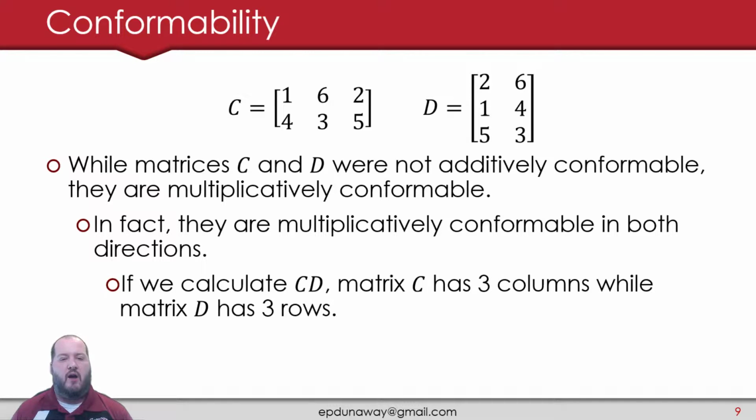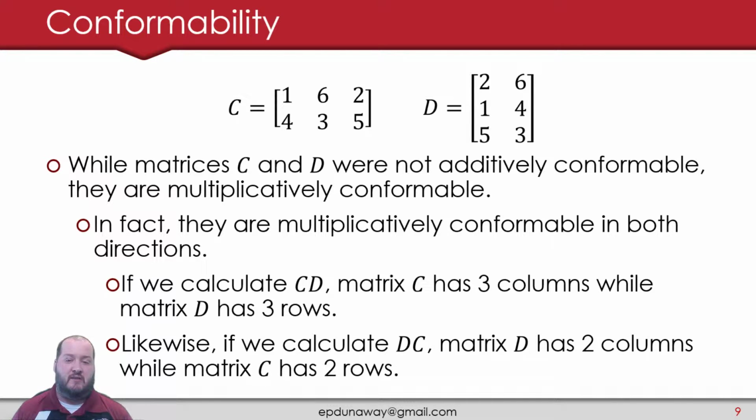So we calculate C times D. Matrix C has 3 columns, while matrix D has 3 rows. So that's multiplicatively conformable. If I do it the other way and calculate D times C, matrix D has 2 columns, and matrix C has 2 rows. So either way, I can multiply these two matrices together.